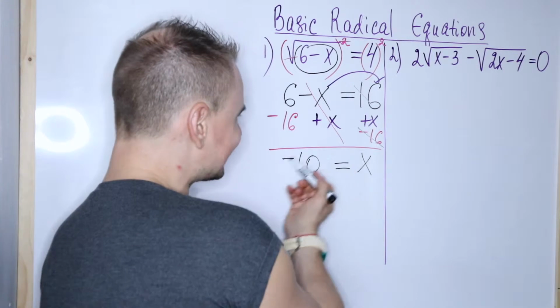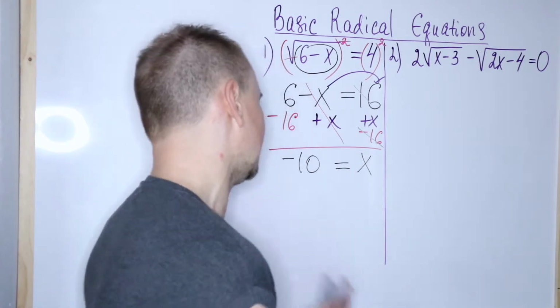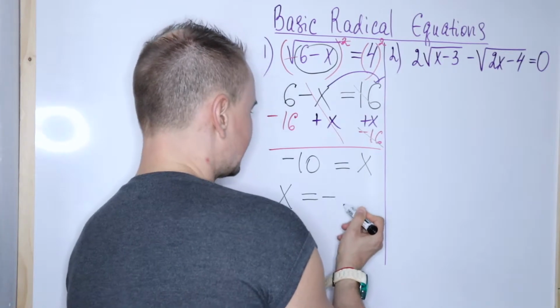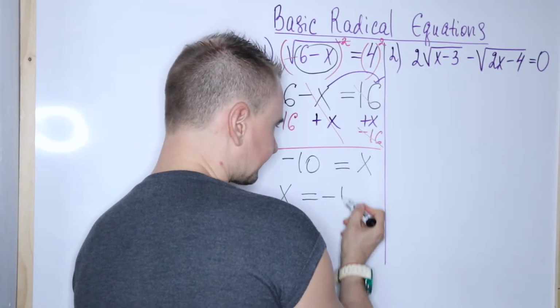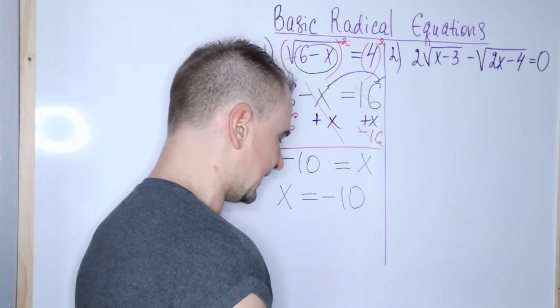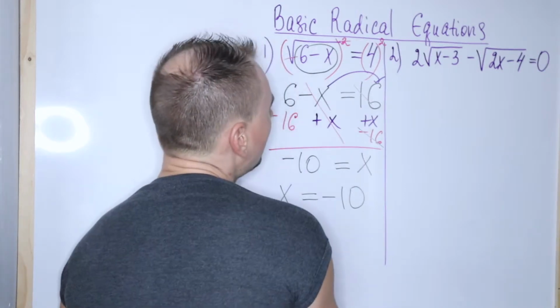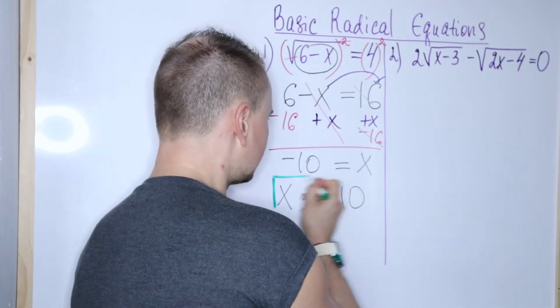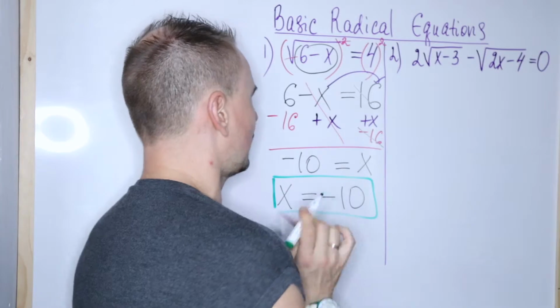So your x is negative 10. You could change the order, you could write it normally as x equals negative 10. And that's basically your final answer, that's your solution, that's your root for this equation.